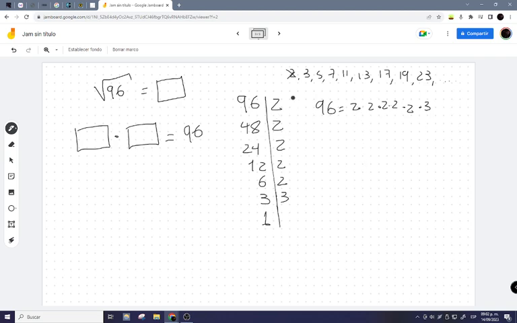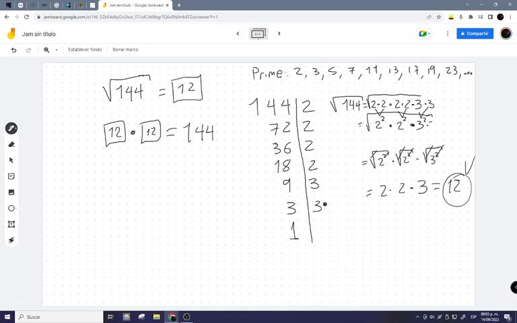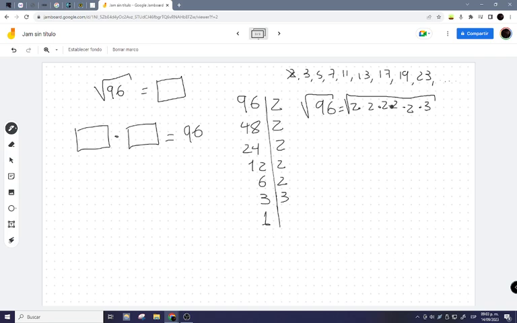And since we want the square root of this, let's do exactly what we did in the previous exercise. Let's group them by pairs. So 2 times 2 is 2 squared. 2 times 2 is 2 squared.